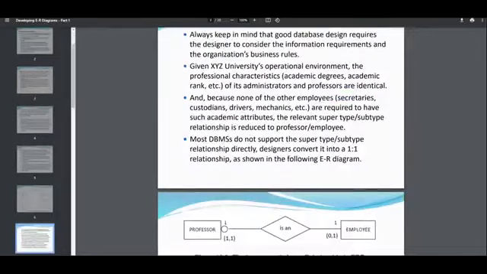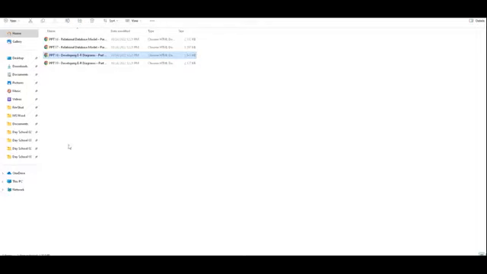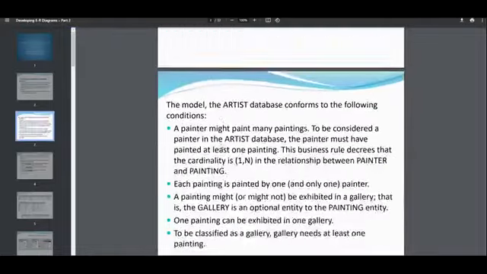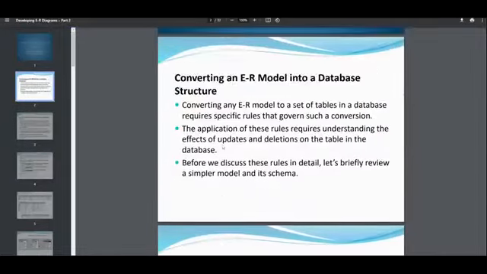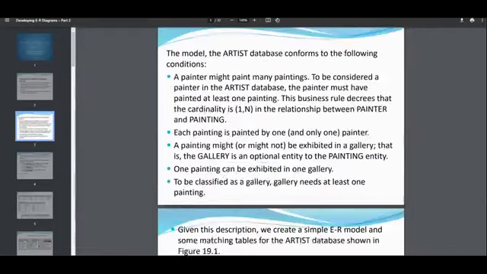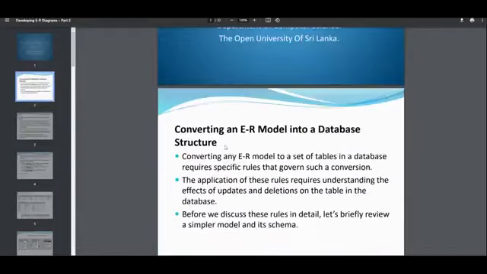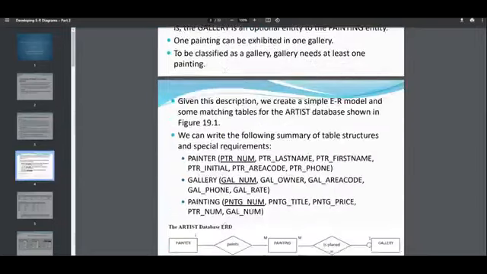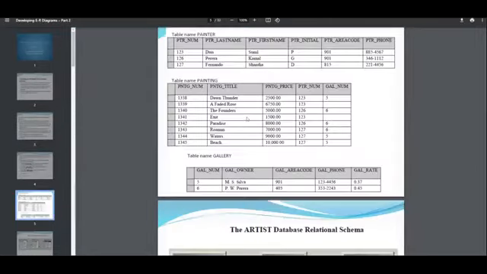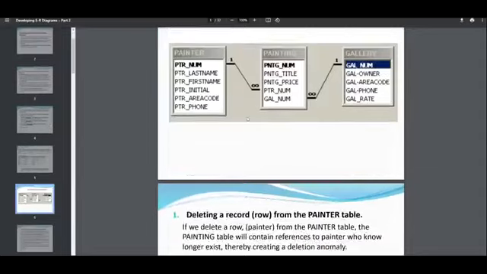Finally, this is what we have to discuss in the next lesson. Previously I mentioned the relational schema and how a relational schema can be built.